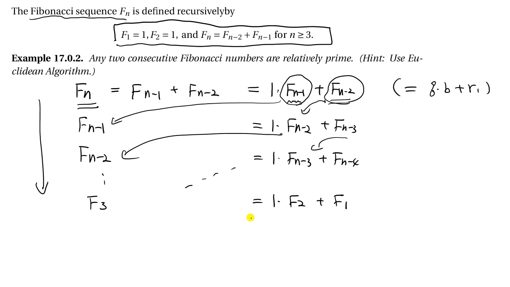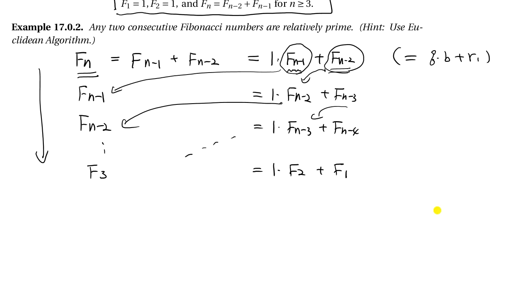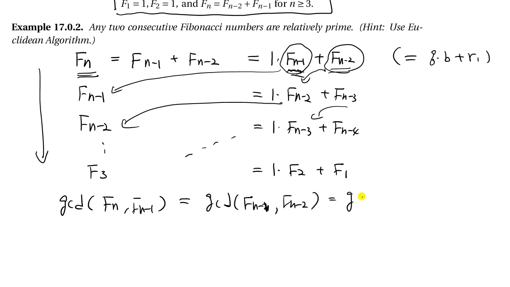And keep doing so like this. Which means by the Euclidean algorithm, the greatest common divisor of the first two terms, Fn and Fn minus 1, is the same as the greatest common divisor of Fn minus 1 and Fn minus 2, which is equal to the greatest common divisor of Fn minus 2 and Fn minus 3.